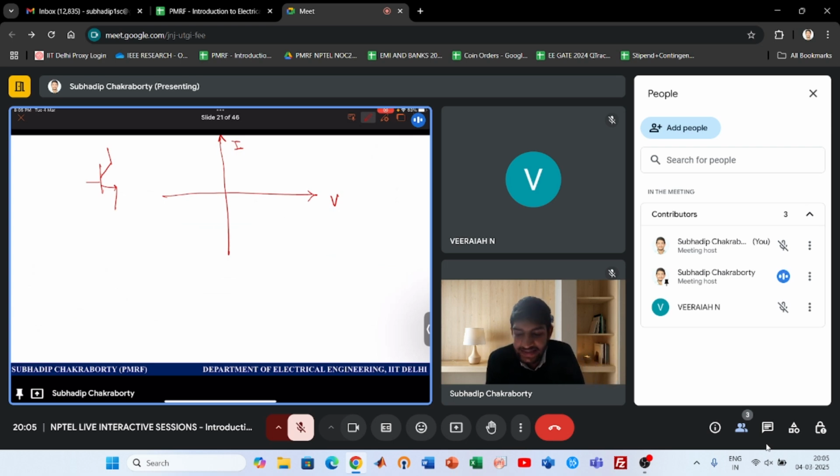Can I apply voltage anything other than plus VCC and relatively 0 and some VB? Can it block any voltage other than positive VCE? No, right? So voltage always needs to be on the positive side. If it is opposite, the device may break down. So only positive forward voltage blocking is allowed.